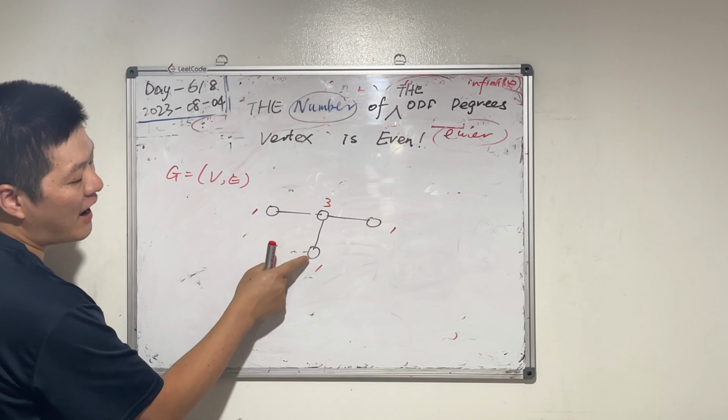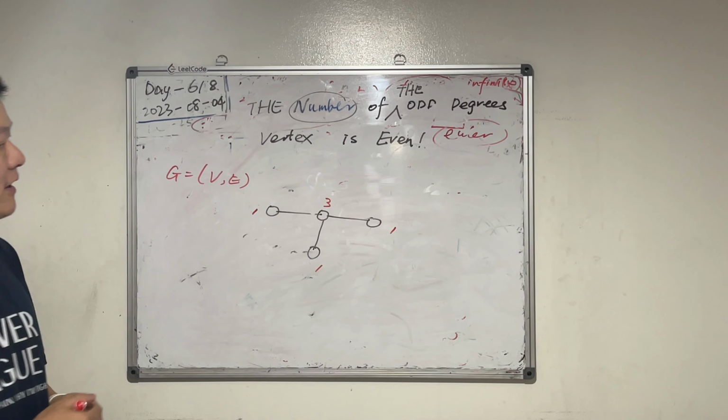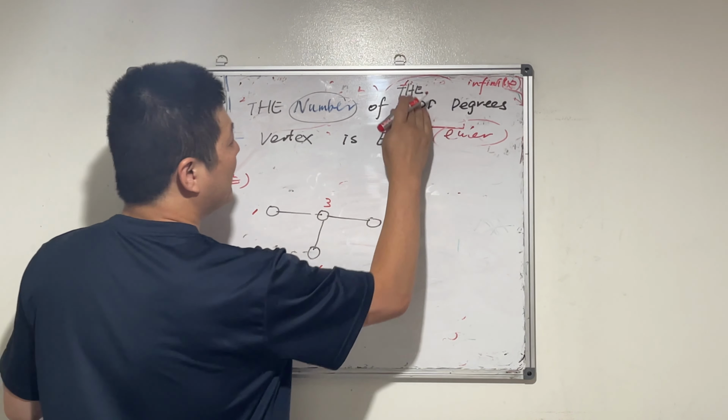Make sense now? The number of vertices which have odd degrees is even. Perfect.